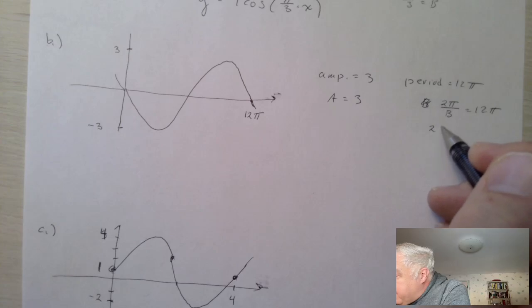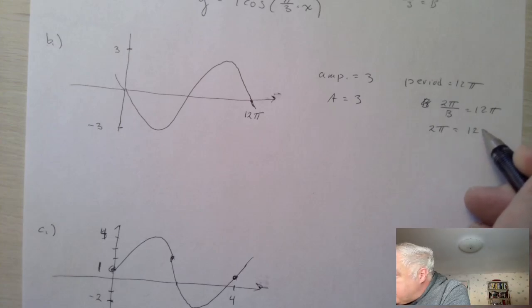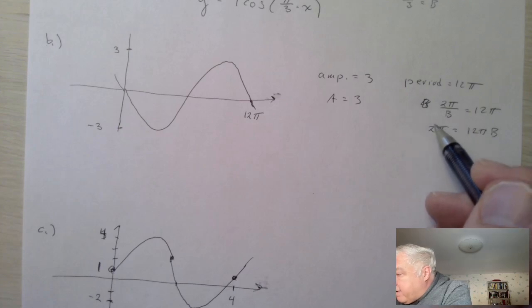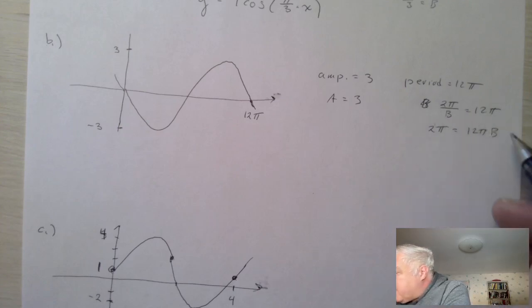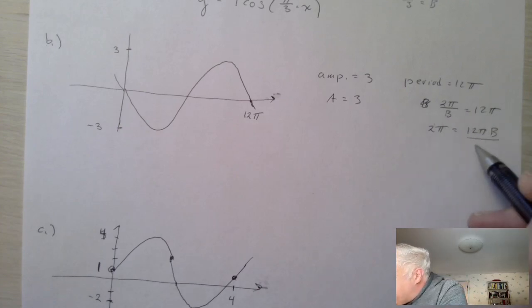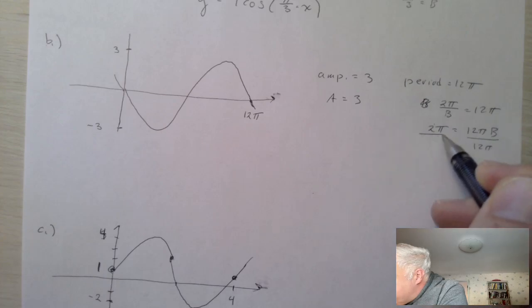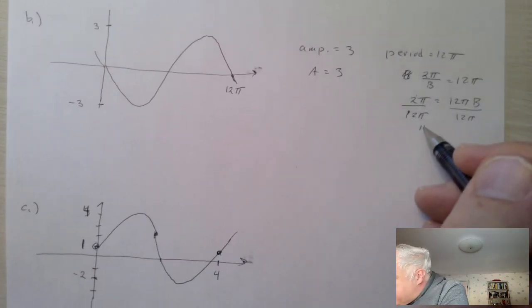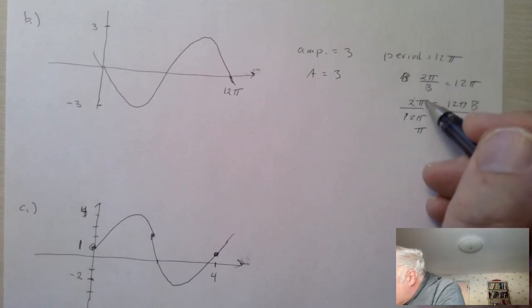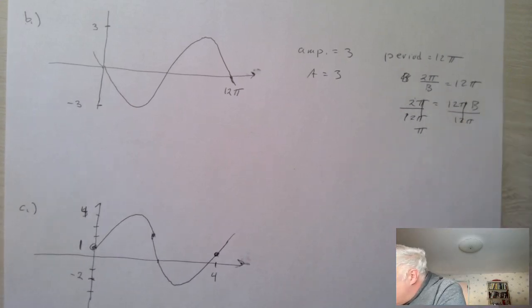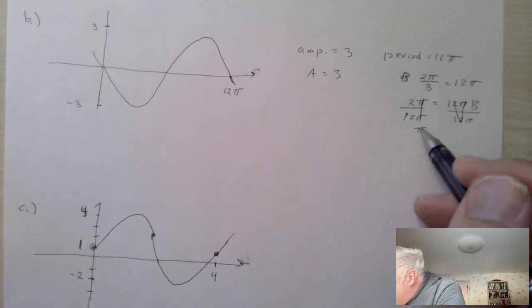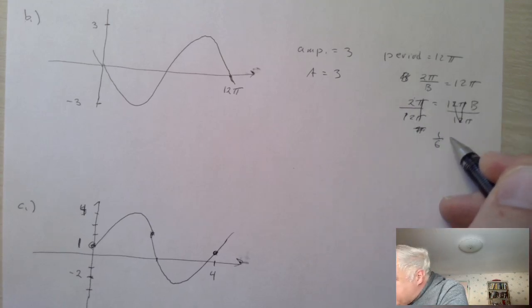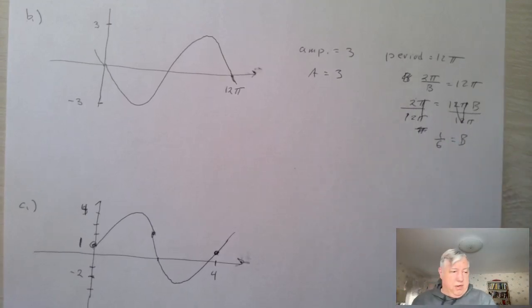Multiply by B, then divide by 12 pi. The pi's cancel out, and we get 2 over 12, which is 1/6. So it looks like B should be 1/6.